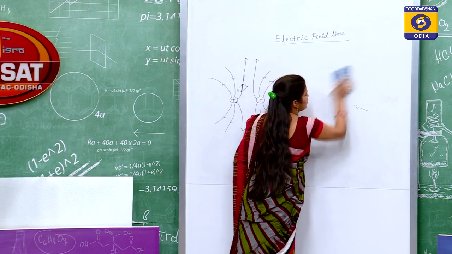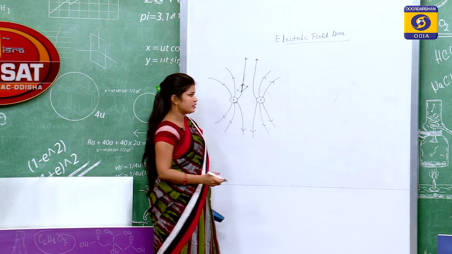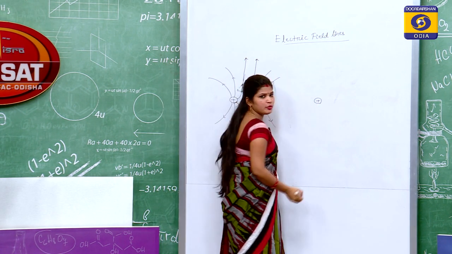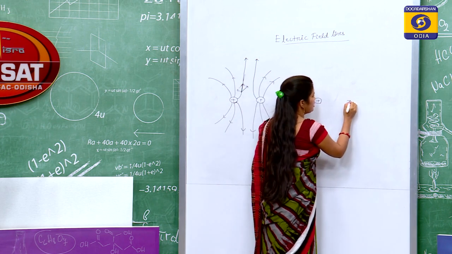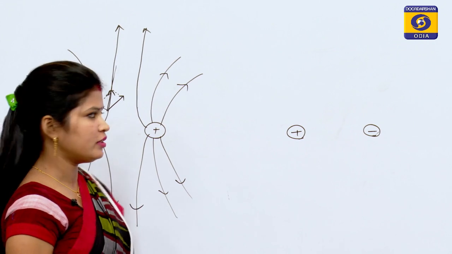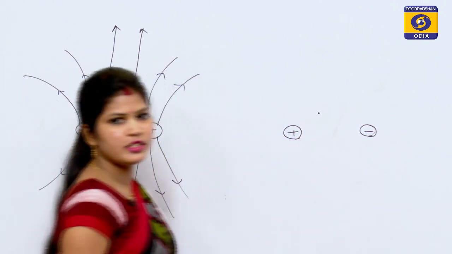Similarly, when two unlike charges are present, that is in case of dipole, that is one positive charge is present and one negative charge is present. In case of dipole or two unequal charges, imagine a test charge here.